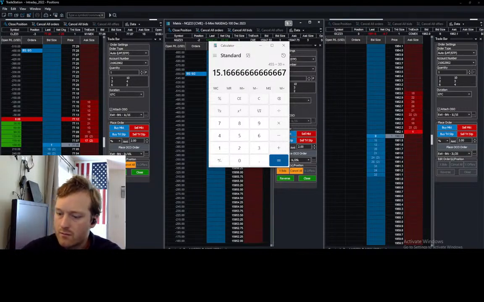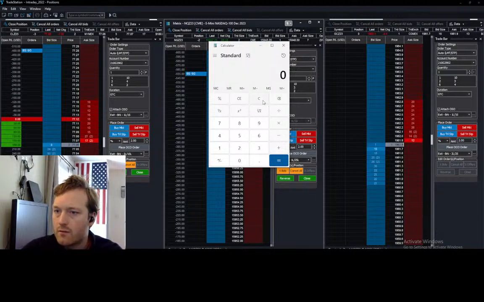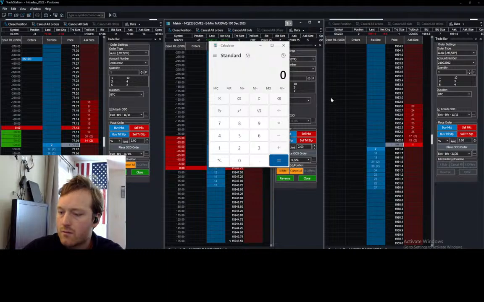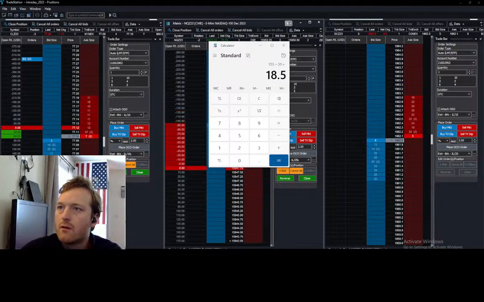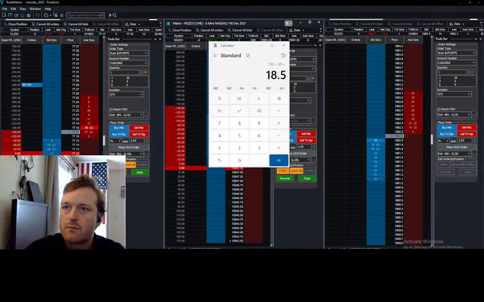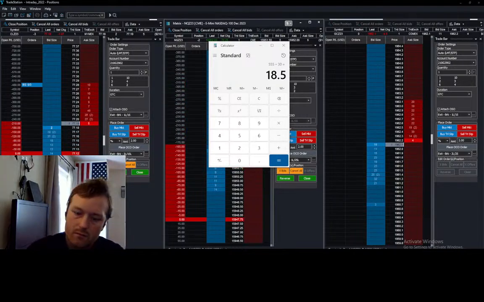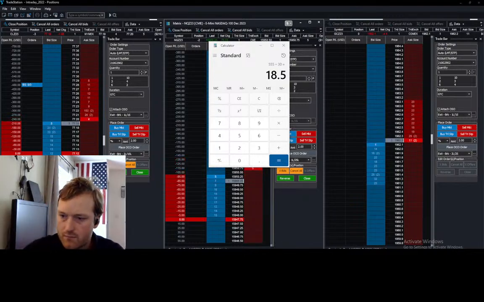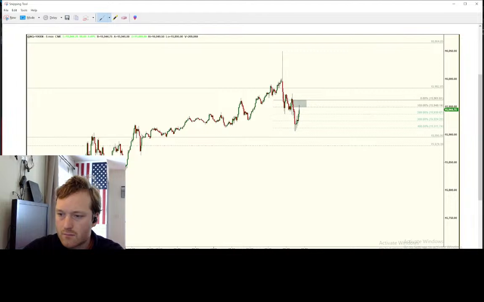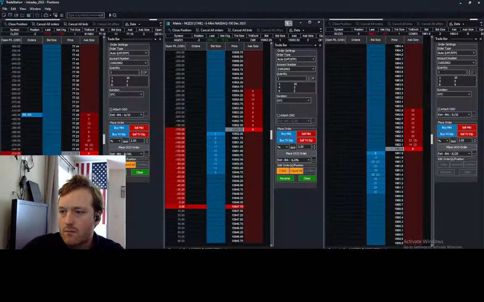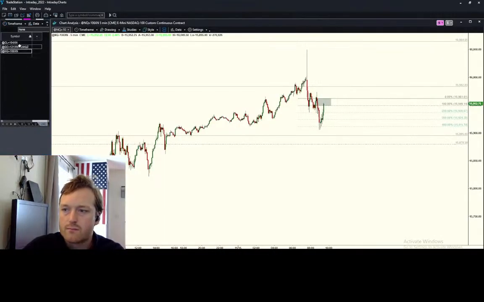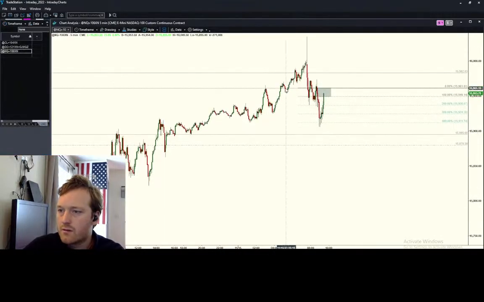$15.2 reward. Risk, $18.5. Doesn't look good.